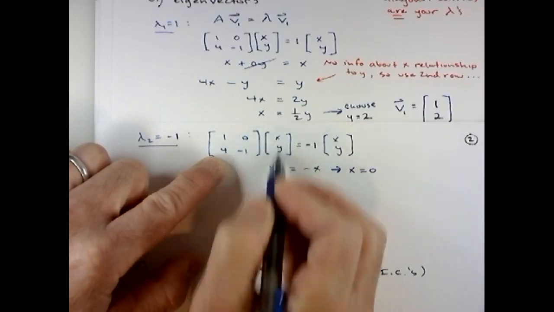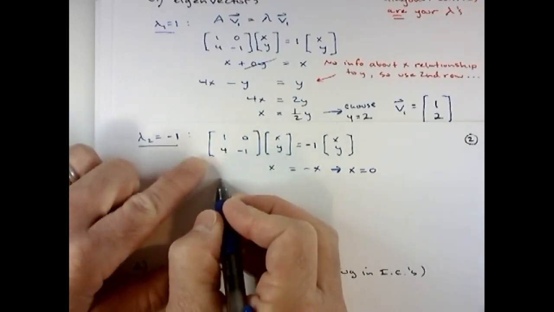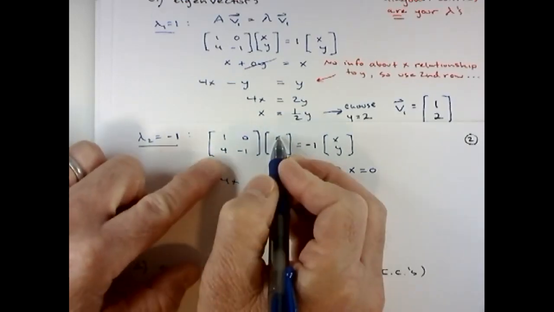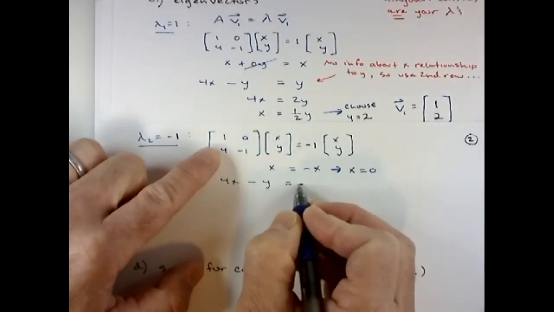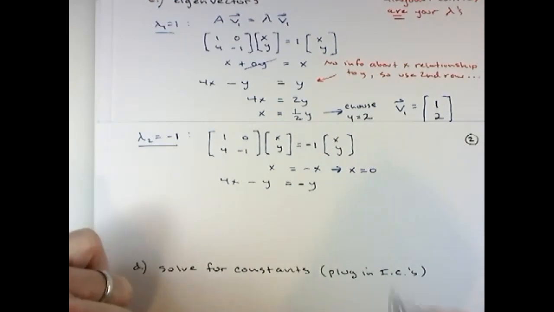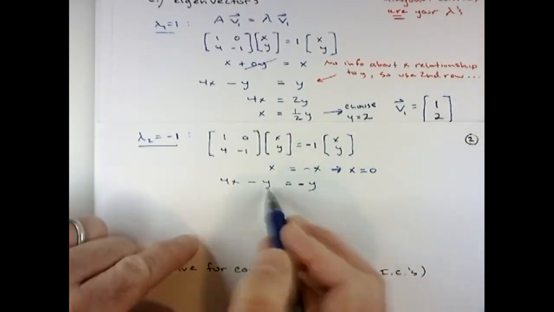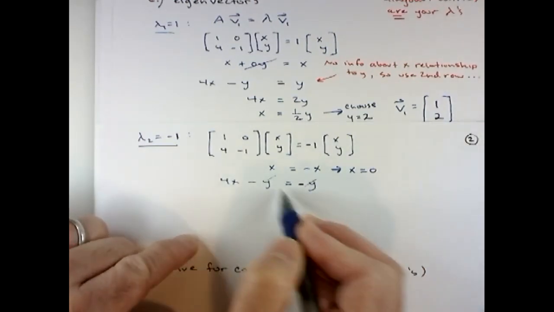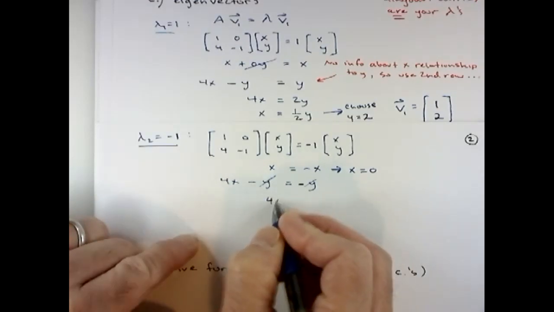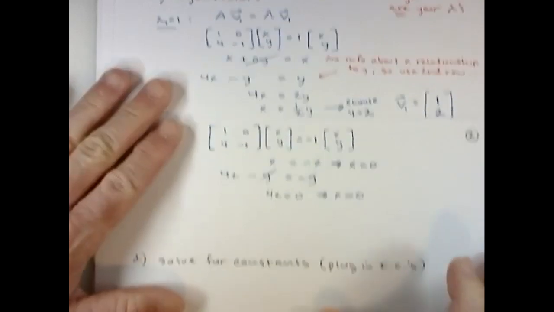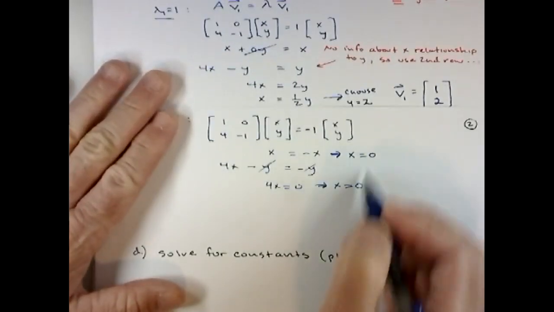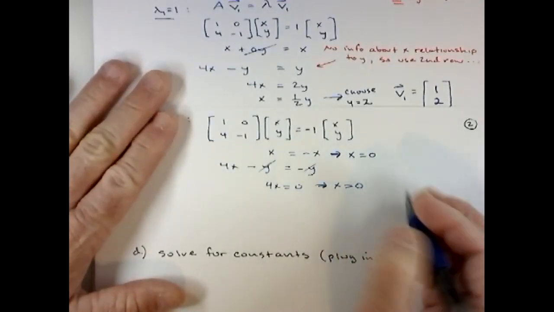Last time I used the second row, so let's try that. Look what's going to happen here. 4x minus y equals -y. Now if I add the y's over to the other side, what I get is 4x equals 0, which once again tells me x equals 0, right? But I get no information about y.